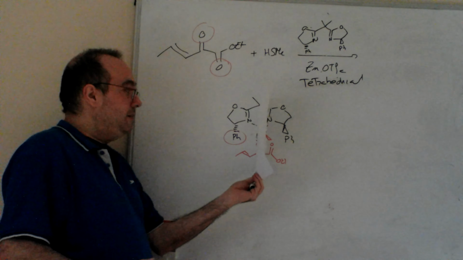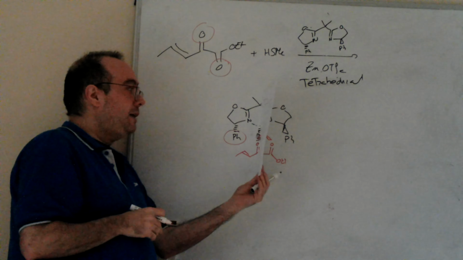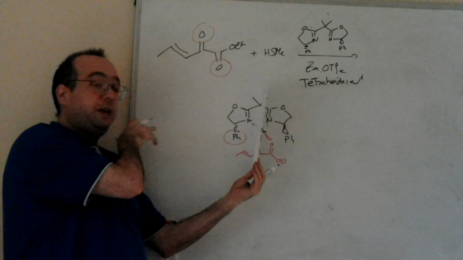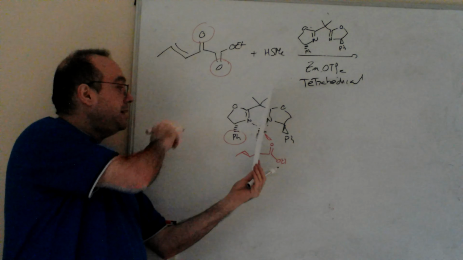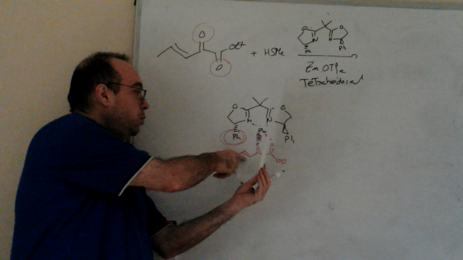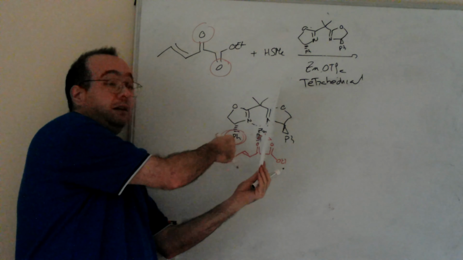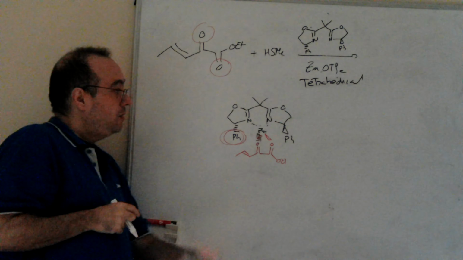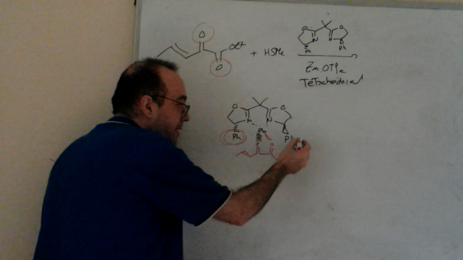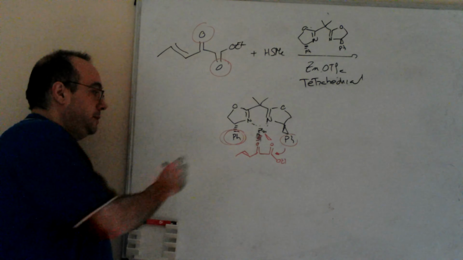If I put it here, the double bond is inside the whiteboard, and I have to check which side will be more available. If I come from this face, I am crashing with the phenyl that is just blocking one of the faces of the double bond, because the phenyl here is inside. If I look at this face, this phenyl is blocking the ester, but it's not blocking the double bond.